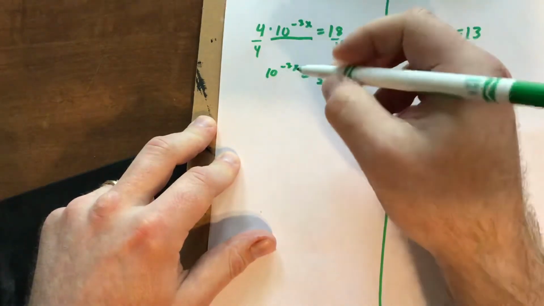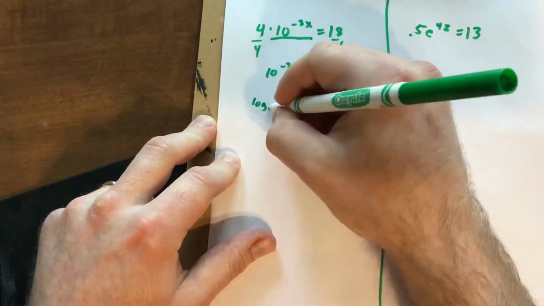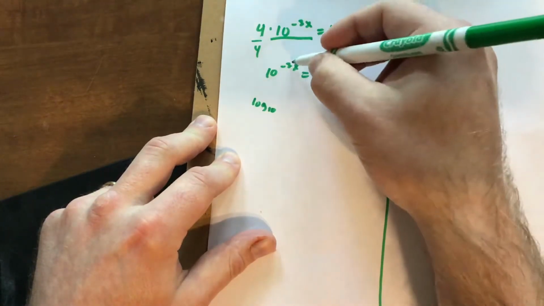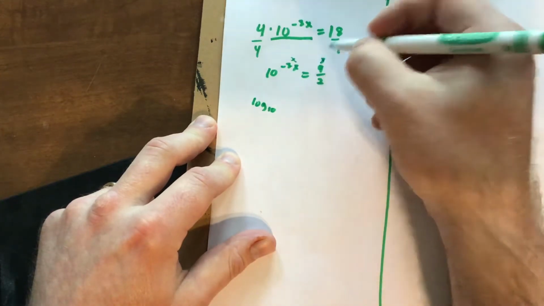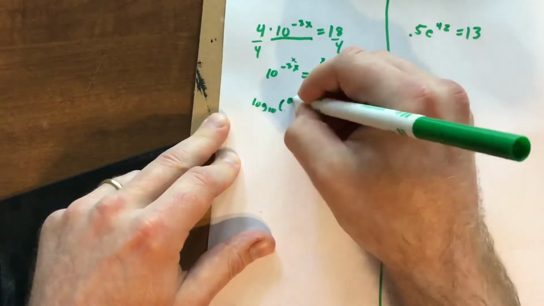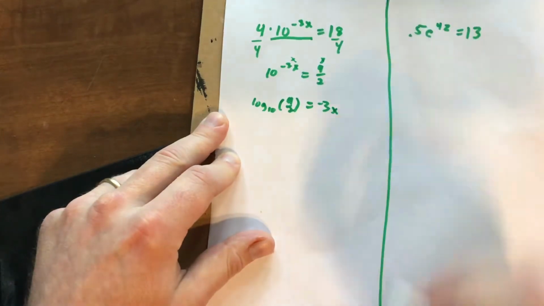We talked about this before, how you could rewrite this. This would be log, the base would be 10, and then these two things are going to switch places. This was the input, this was the output. That's going to switch. So now the 9 over 2 is going to become my input, and the negative 3x will become the output.